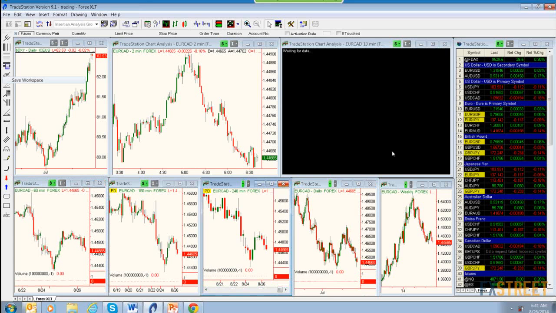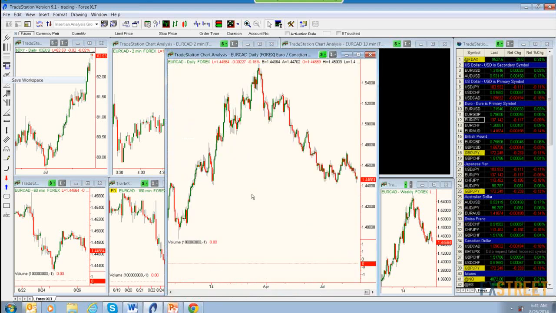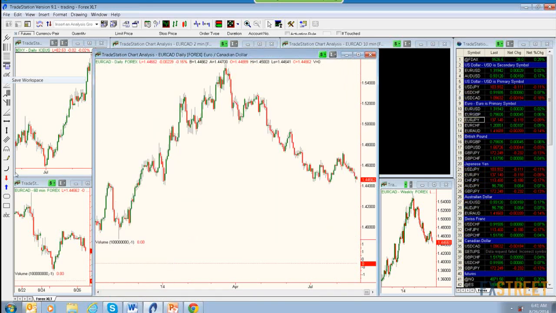Wait for this one chart to load up. But we can start by looking at the larger time frames. Okay. And when we do that, again, similar scenario.